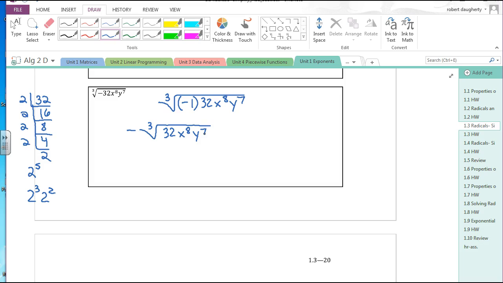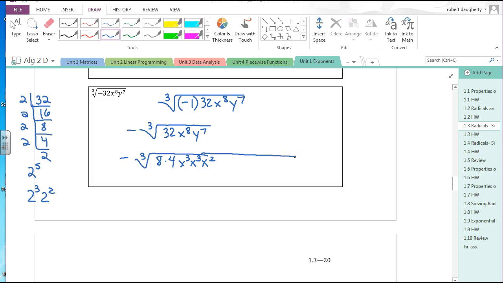So now let's organize what's under the radical. Cube root of, we're going to write this as 8 times 4. That's what 32 is. X to the 8th, I'm going to write this as x cubed and x squared.